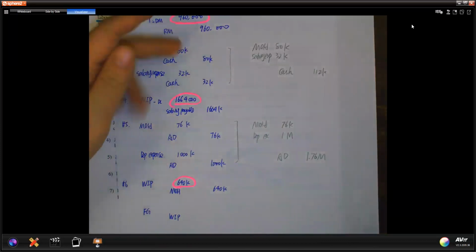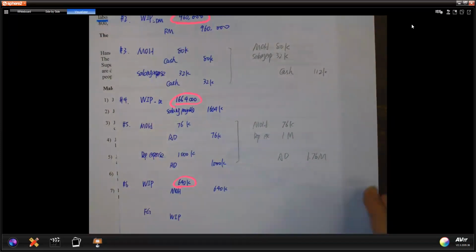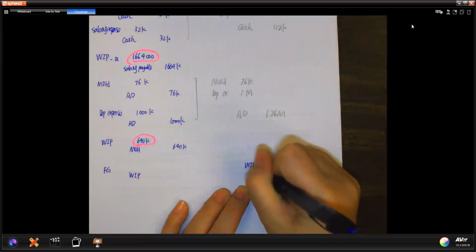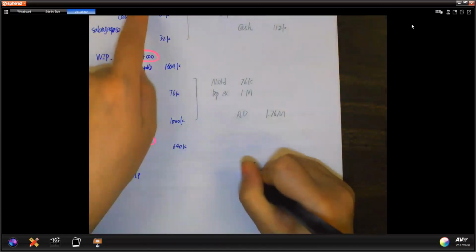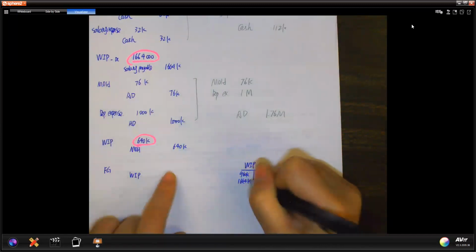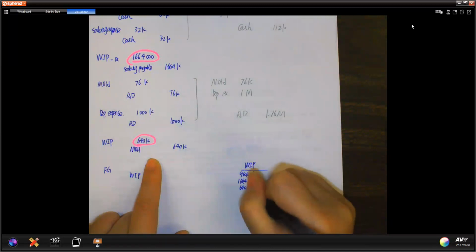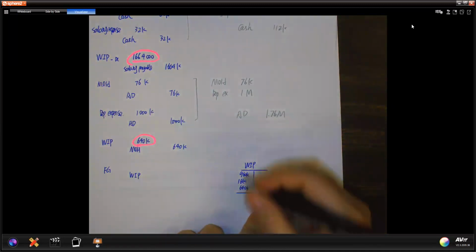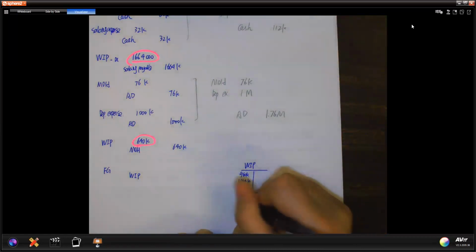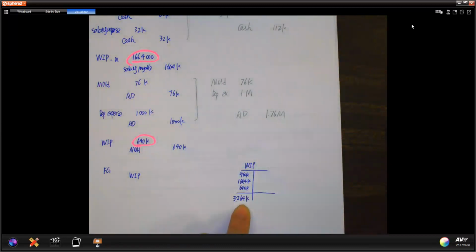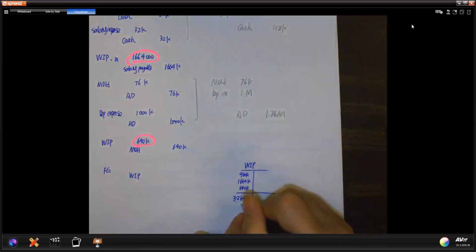In our T account we have 960,000, 1,664,000, and 640,000. So our balance of work in process is 3,264,000.